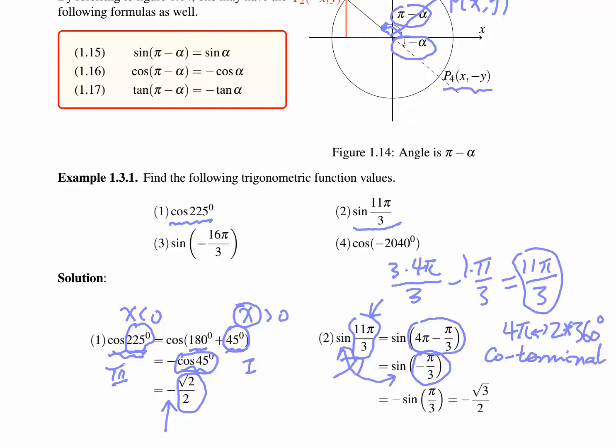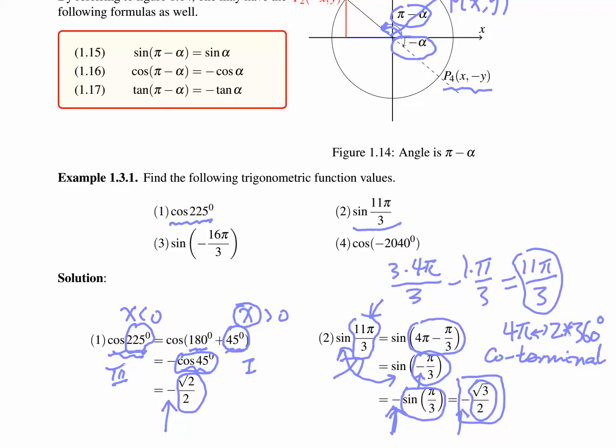They are equal. Previously we said for sine negative pi over 3, this negative sign can get out. And then we know sine pi over 3 has the value radical 3 over 2. If you put negative in front of it, because there is a negative here, that will be the final answer. So that's the second example.